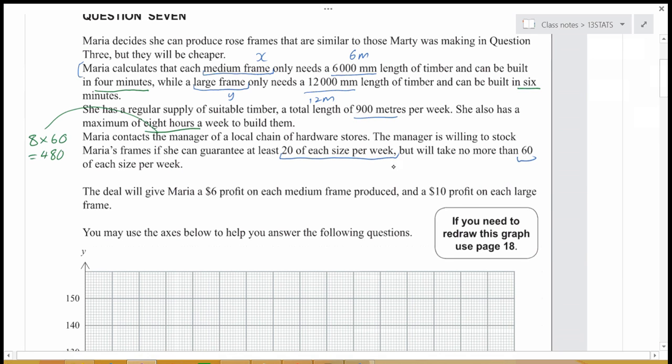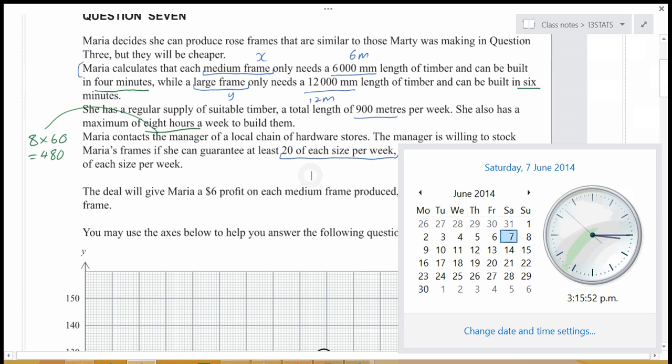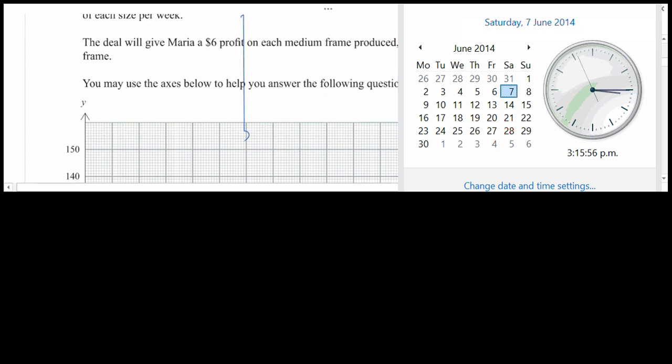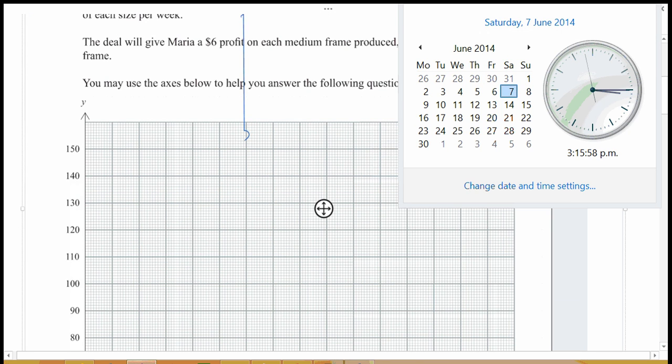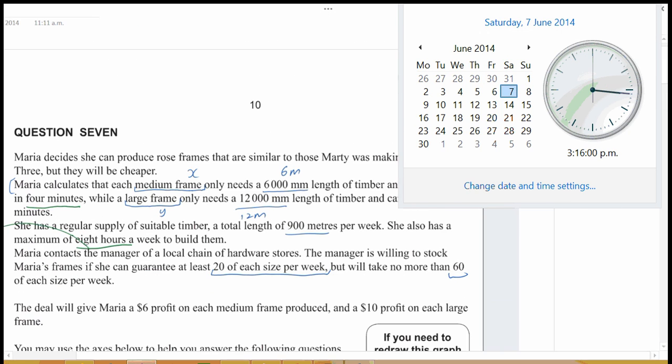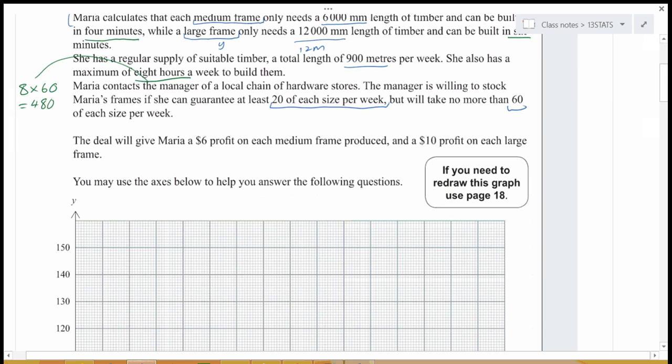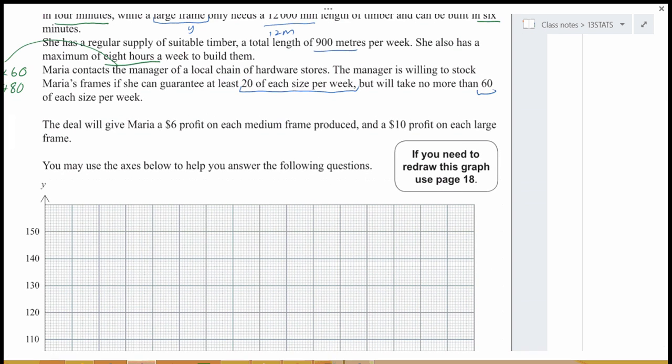So that means that for X and Y, they both have to be at least 20, so X has to be bigger than or equal to 20, but it also has to be less than or equal to 60.